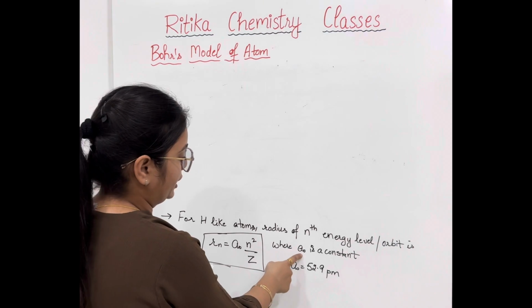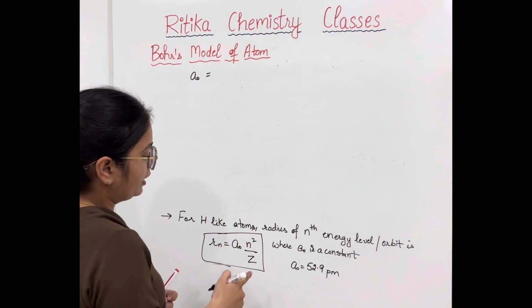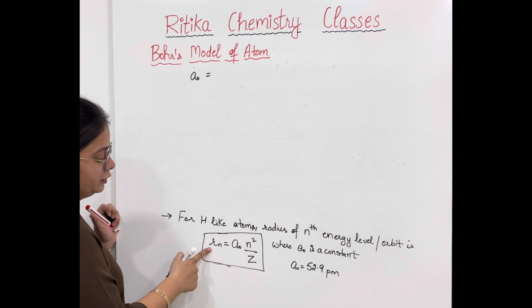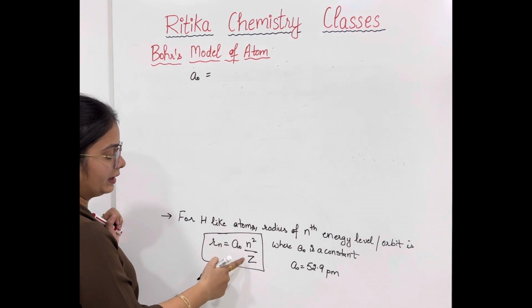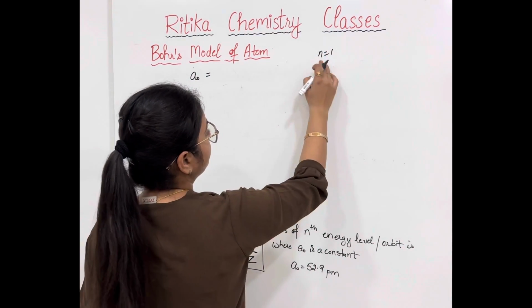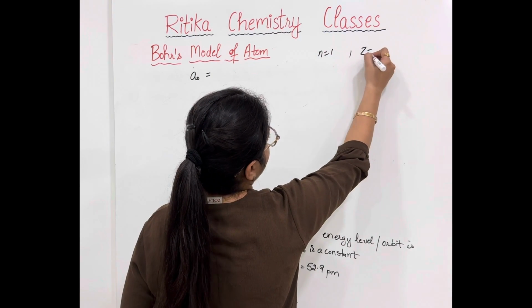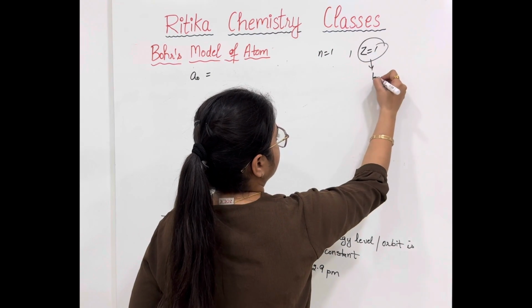So what is this A naught? Write down A naught. If in the Rn you substitute the value of n and z as 1, if n is equal to 1, that means first orbit, and z equal to 1 means hydrogen atom.